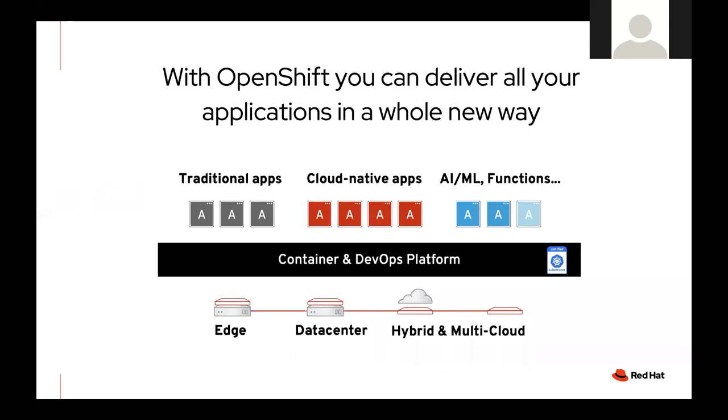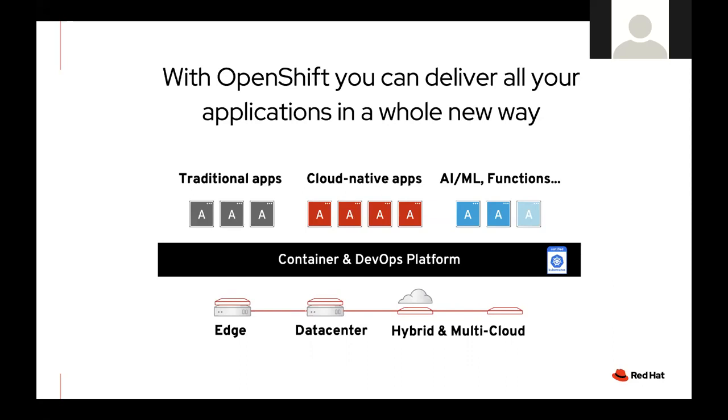So with OpenShift, you are able to deploy your applications in a whole new way than we are familiar with from traditional virtualization technology. It deploys on your existing data center, on physical servers, on virtual servers, or it can take you to any public cloud quickly on the fly, because OpenShift is already available with all public cloud providers, as well as helping you deploy on the edge.